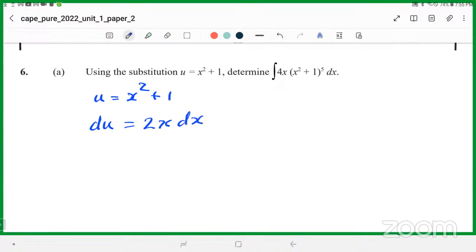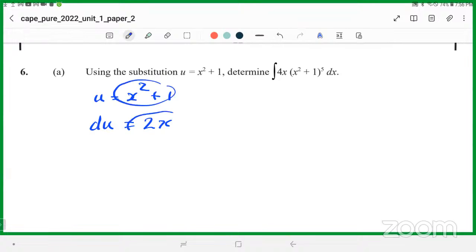Now, some teachers would say differentiate du by dx first and get 2x, and then take this dx and multiply it across here. But why do that? You don't have to do that. Once you differentiate a function of u, not with respect to anything, you get 1 du. Here I'm differentiating a function of x, not with respect to anything.